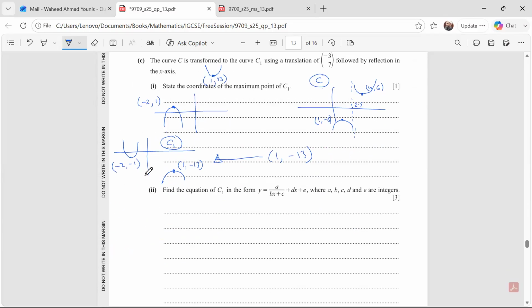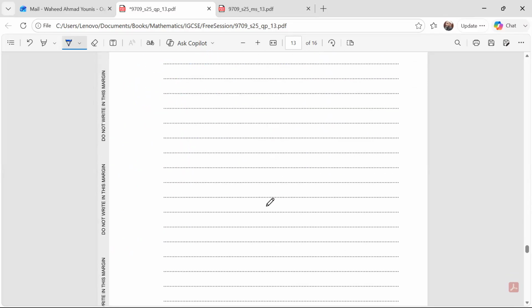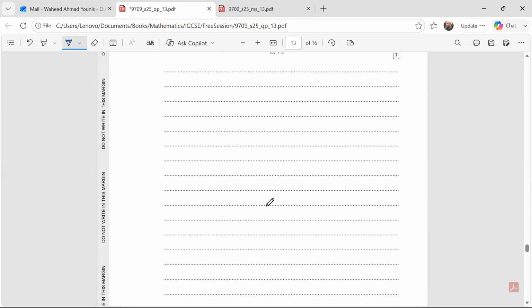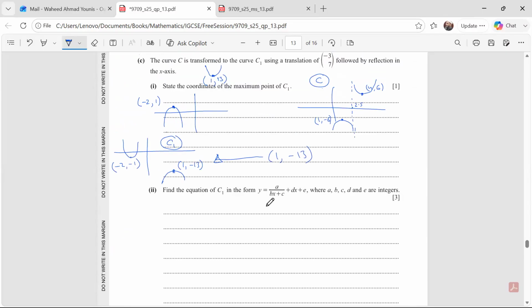Now, find the equation of C1 in this form. This is the last part. Okay, so you remember the equation of C. Let me write it again. The equation of C was y equals 9 over 2x minus 5 plus 2x minus 5. Okay, so for the equation of the C1 curve, you see x is moved by -3.